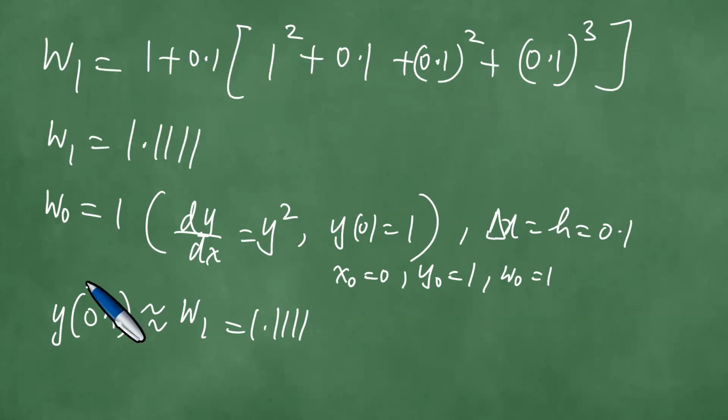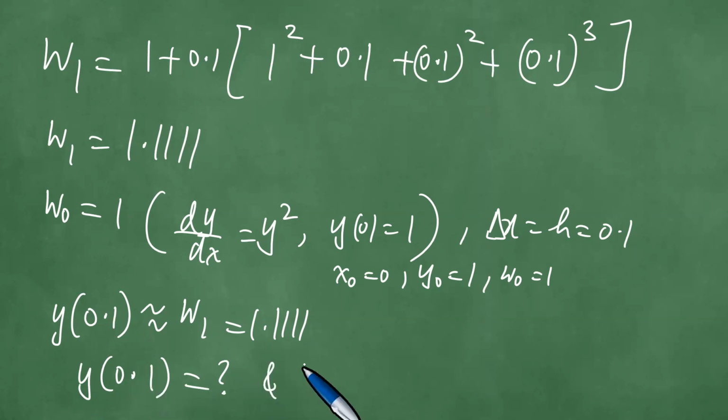This is very important for us because the examiner said in the question I'm having here in November, what is y at 0.1, and what is y at 0.2 using Taylor.